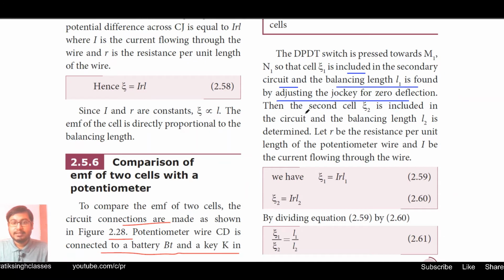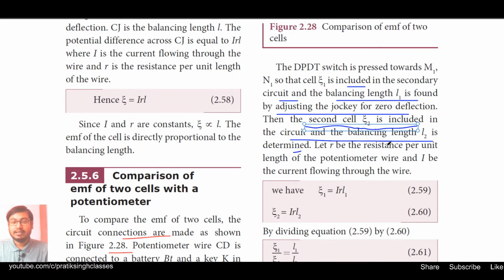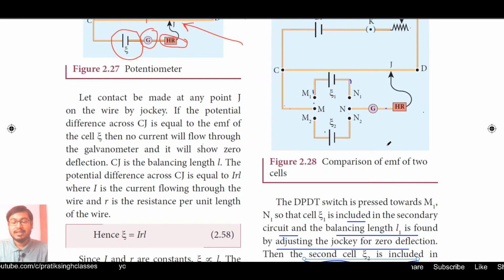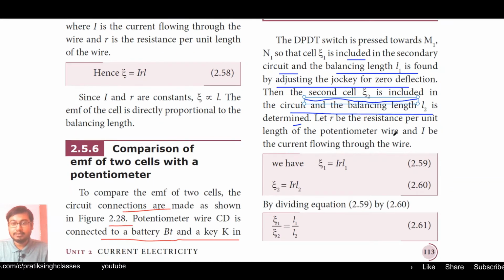Then the second cell Xi2 is included in the circuit and the balancing length L2 is determined. In the second situation, the DPDT is kept on M2 N2 such that the secondary circuit becomes this one, like this, and then we find at what position of the jockey we get zero deflection in the galvanometer.